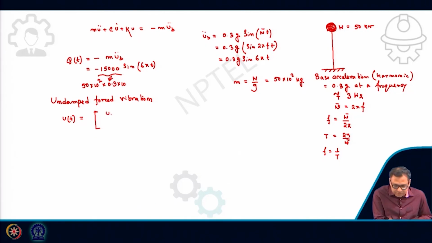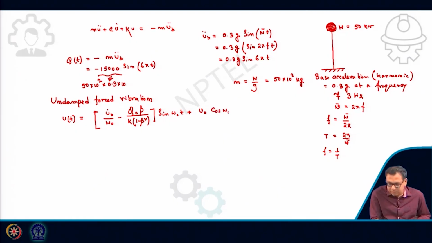So for the forced vibration case, the u(t) expression that I have given is u dot 0 by omega 0 minus Q0 beta by k into 1 minus beta square into sine omega 0 t plus u 0 cos omega 0 t. This expression I have already given in my previous lectures when I discussed the response of undamped forced vibration.